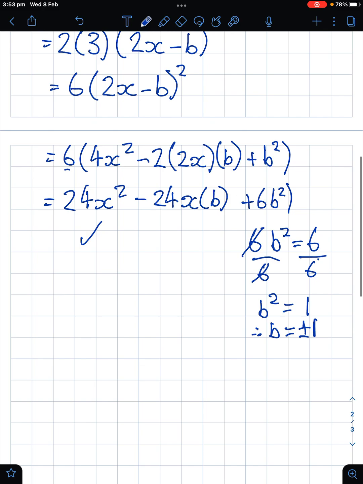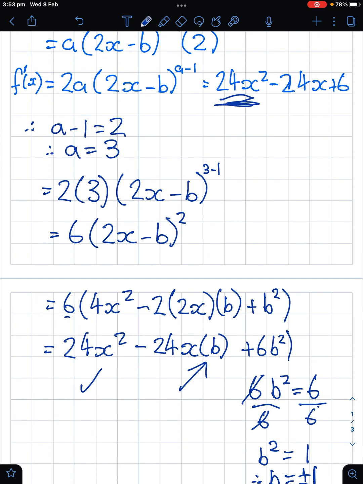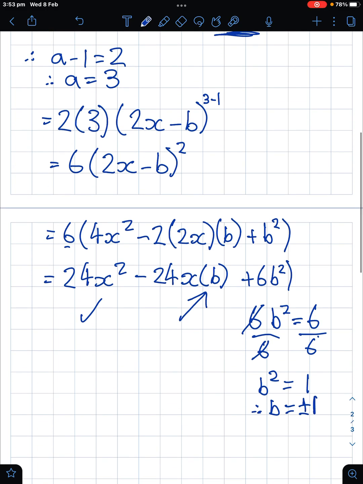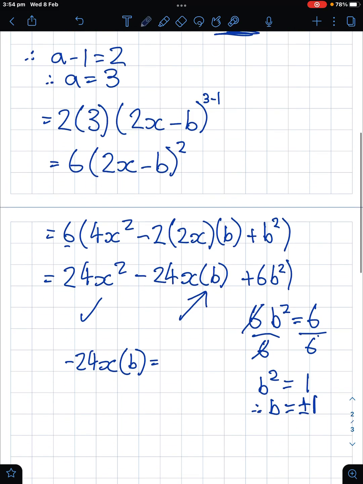The reason this is important is at the moment we have 2 solutions here, but we've got this b here. Looking at the negative 24x times b, this has to be negative 24x, and this one comes from our working here.